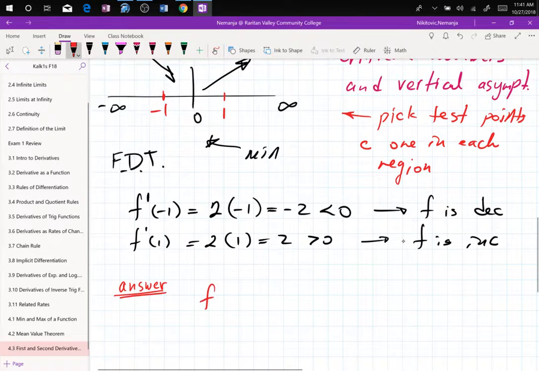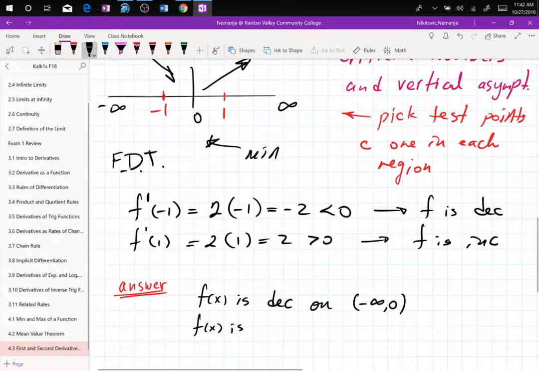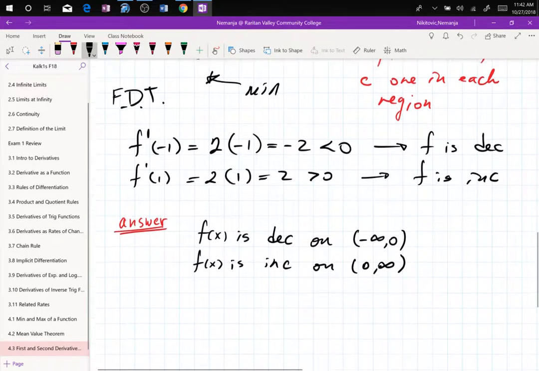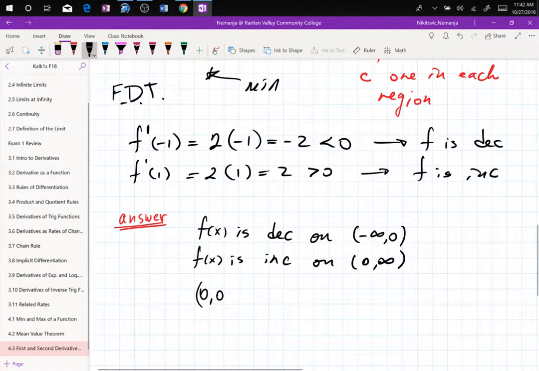You write f of x is decreasing on -infinity to 0. f of x is increasing on 0 to infinity. 0, 0, minimum.